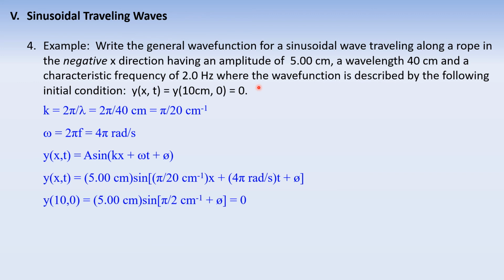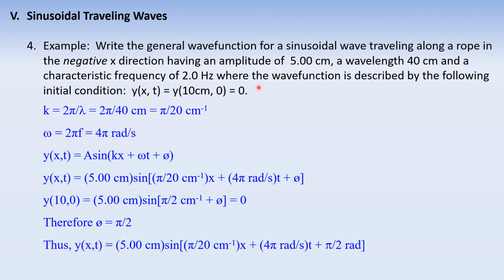When we plug in the set of initial conditions, that is when x has a value of 10 at time 0, we can now evaluate this phase constant phi. If the sine of pi over 2 plus phi equals 0, that tells us that this phase constant must have a value of pi over 2 radians. Once we know phi, we know all 4 of these constants. We can plug them into our generalized wave function, and we are done.